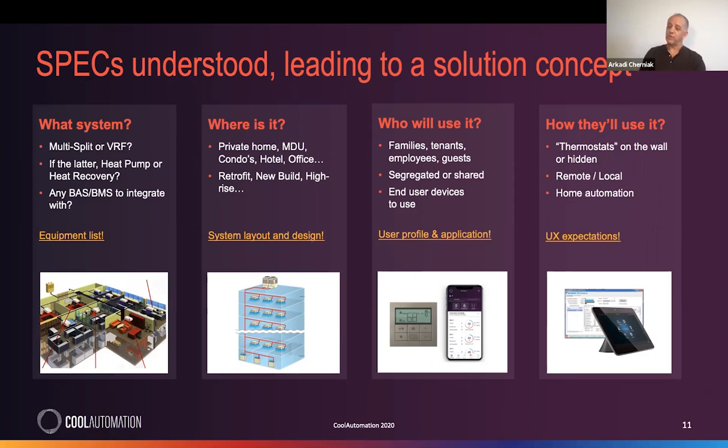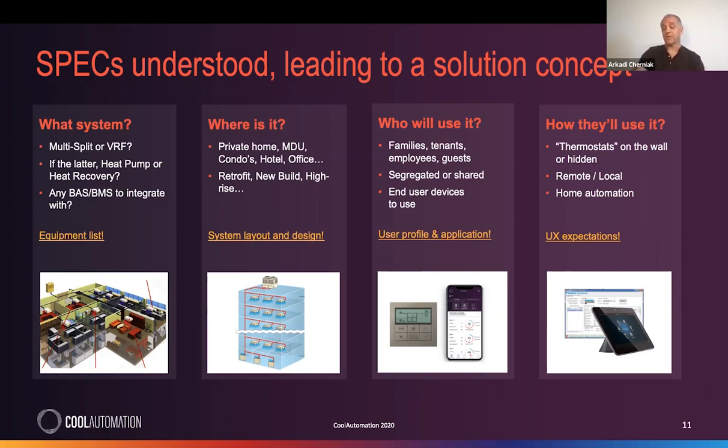Will thermostats be needed or only the remote application will be needed? Will there be a home automation or building management system used for that? So that will imply what is the user experience to be expected. And that will definitely influence how you need to integrate and what the customer will expect to see as an end product.